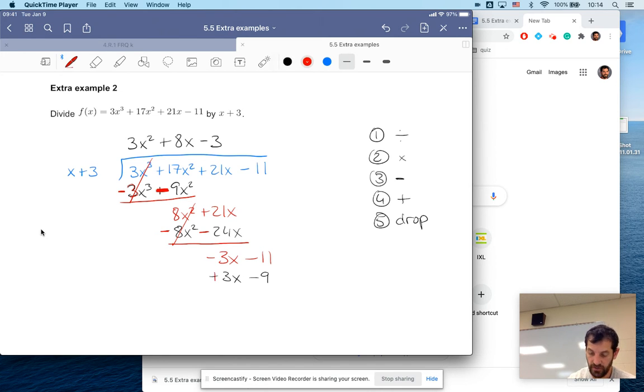Then we change the sign of everything, and we add. Those 2 steps are like subtracting, but I think it's easier to do it in 2 parts. We add, and in this case, this disappears as it should, and we get a negative 2. And now x plus 3 cannot go into negative 2 anymore, so that's our remainder.